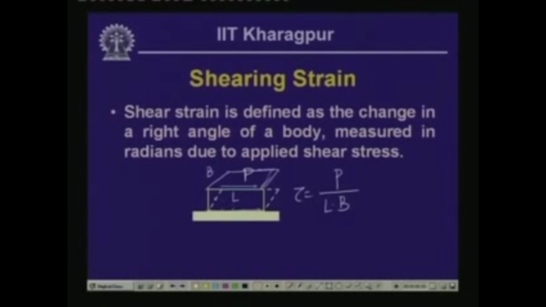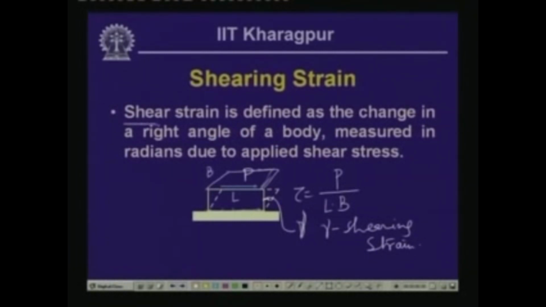Now, by this deformation, the angle which we get here, we call the shearing strain and denote it by the Greek symbol gamma. So, gamma is the shearing strain, and this is what is defined here.